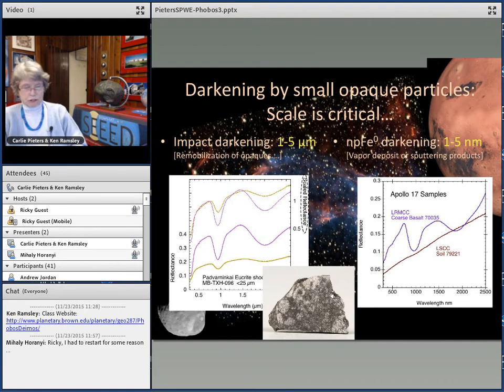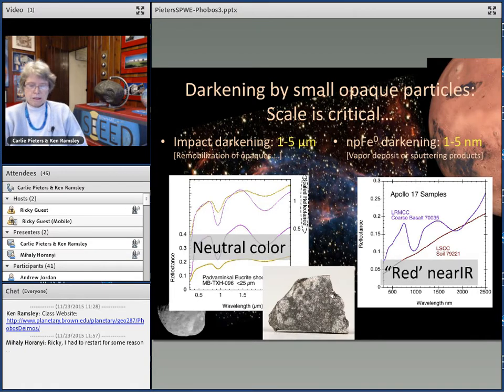They're 3 orders of magnitude larger than the nanophase iron. They're micron size, which is tiny. If you put it under a microscope, it will pepper it, it will be submicroscopic. But this difference in the size of the particles in the one case with the meteorite simply causes darkening, but a neutral color, whereas when you have the nanophase particles, it gives you this overall red continuum slope.